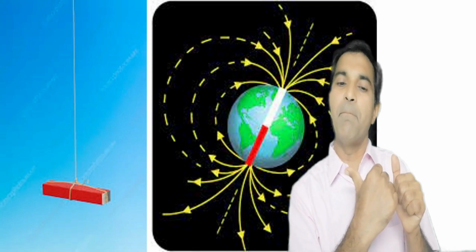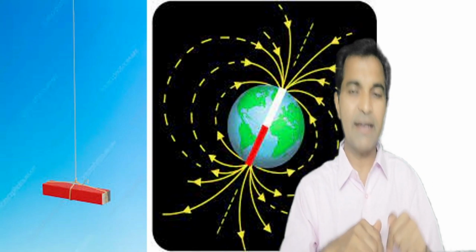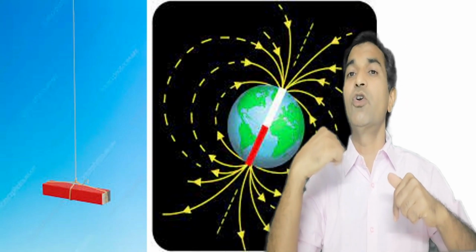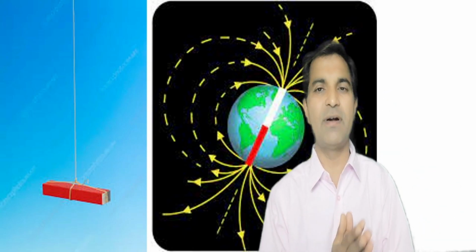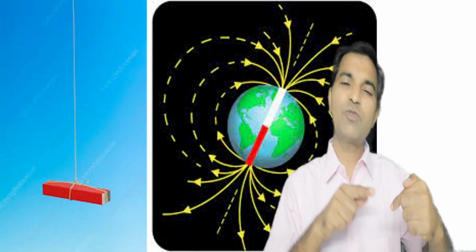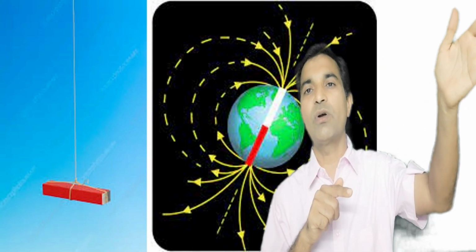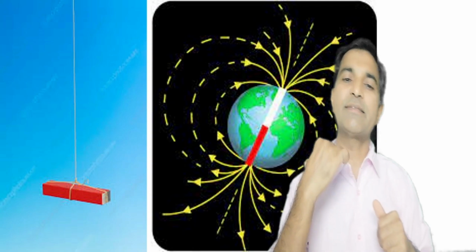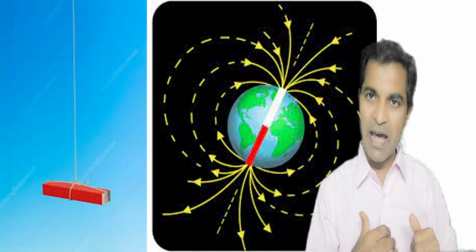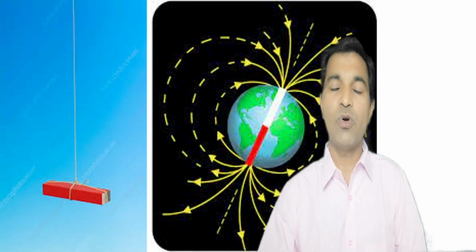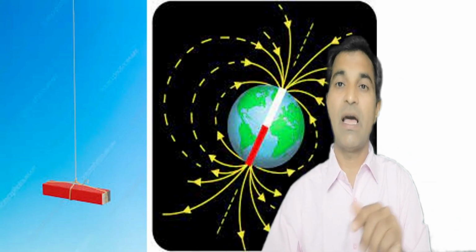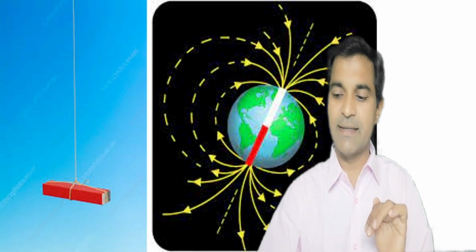And the south pole of a bar magnet always tries to align towards the magnetic north pole of the earth. Or in simple words, we may say the north pole of the magnet tries to align towards the north direction of the earth, and the south pole of the bar magnet tries to align towards the south direction of the earth, right? But remember, north and south are opposite in case of the earth's magnetism.